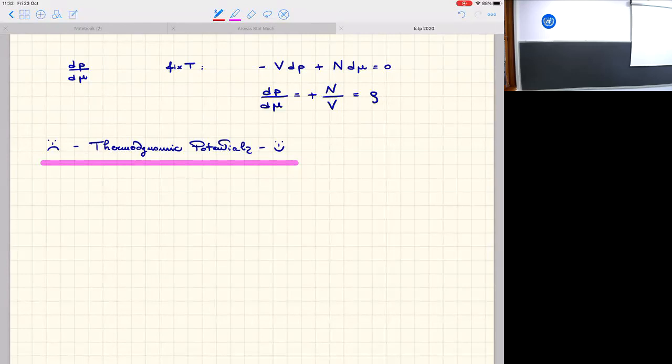So, for example, let's start with the following physical situation. The system is isolated. No, it doesn't need to be a fixed volume, it needs to be isolated.